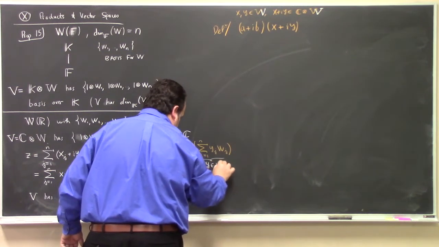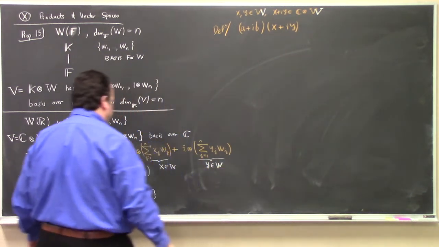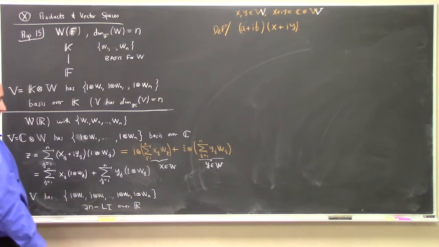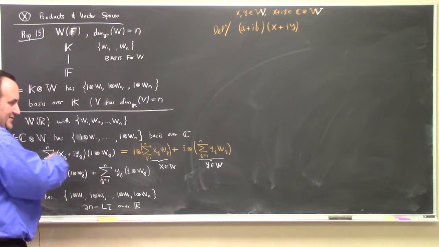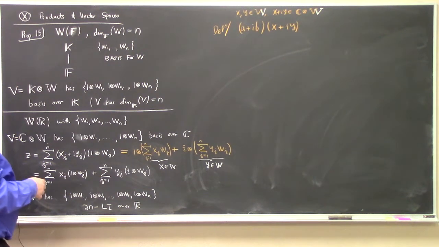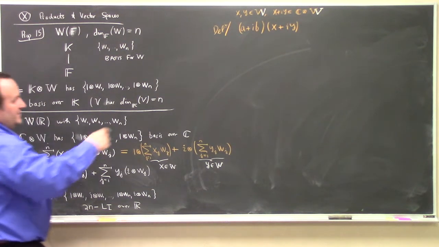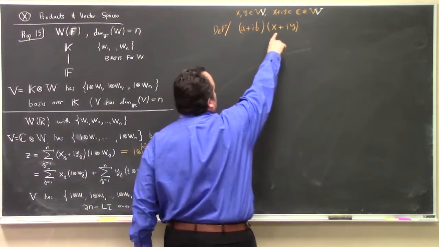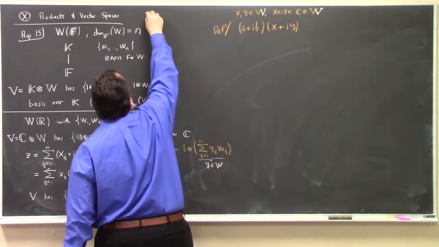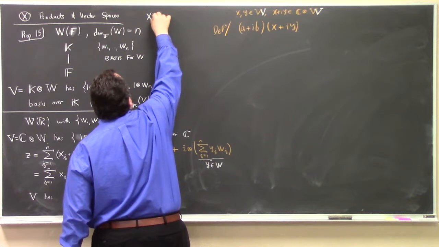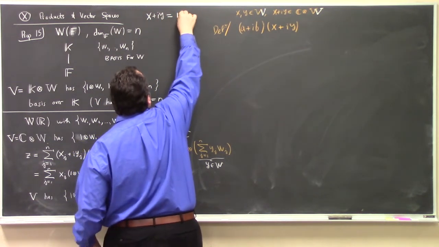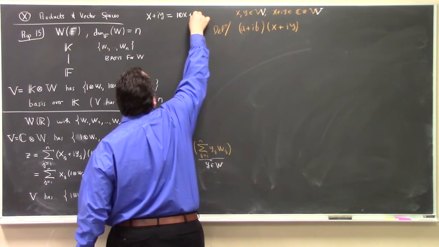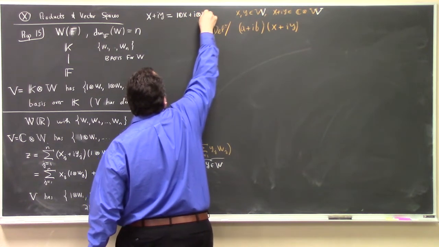And so any vector in the tensor product of C and W can be written as 1 tensor a real vector plus i tensor a real vector. So in some sense, I'm letting x plus iy be a stand-in for 1 tensor x plus i tensor y.